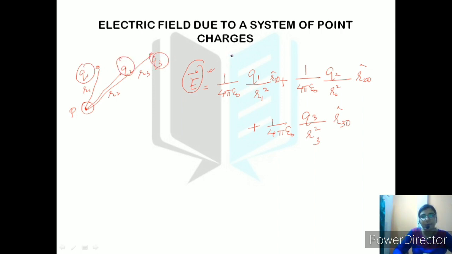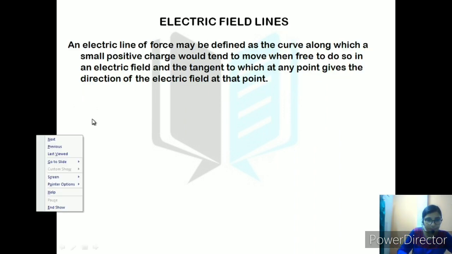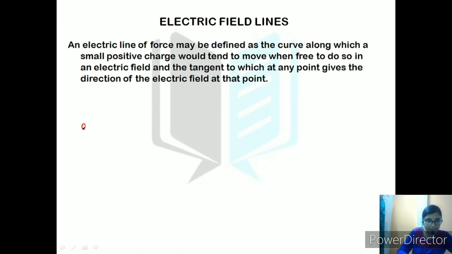It is what? Vector sum of all the field intensities acting at that point P due to all the point charges. Clear?